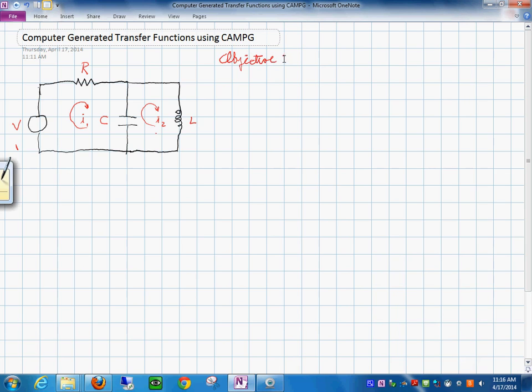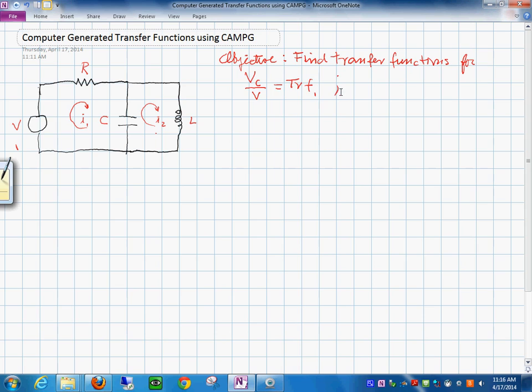Objective, you could say, find the transfer functions for the voltage C in relationship to the input V. This is our transfer function 1.